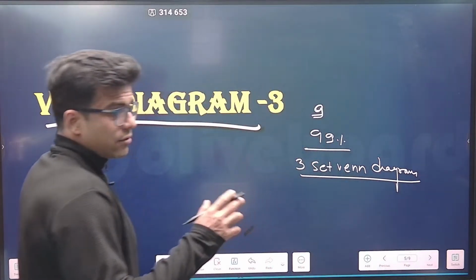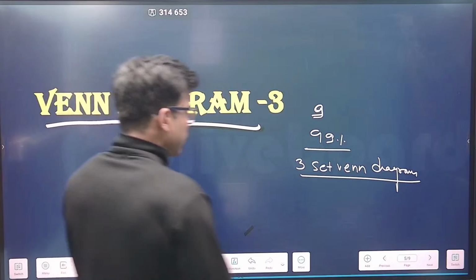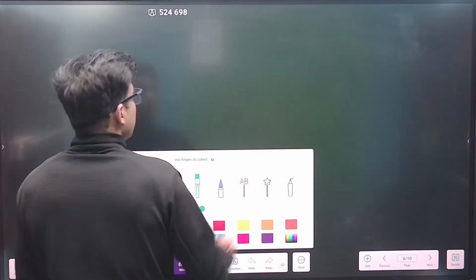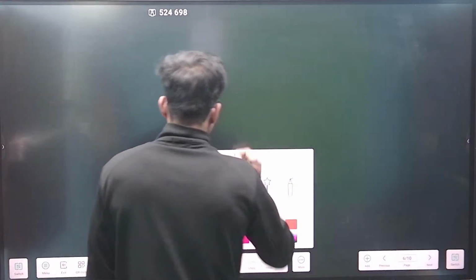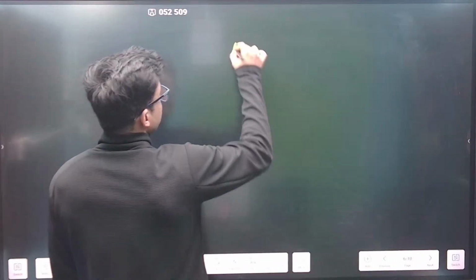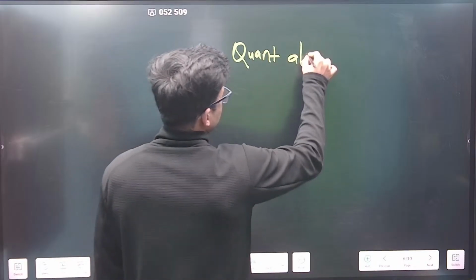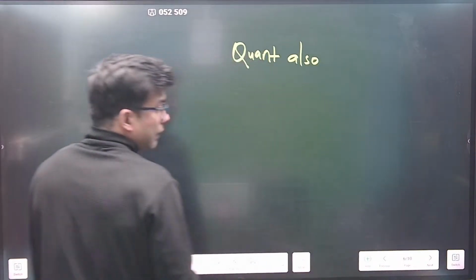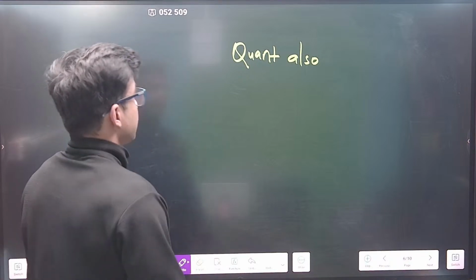Yesterday I was looking over your PYQs, and I found that in Quant, which I call arithmetic, they are also asking questions which can be solved through Venn diagram.